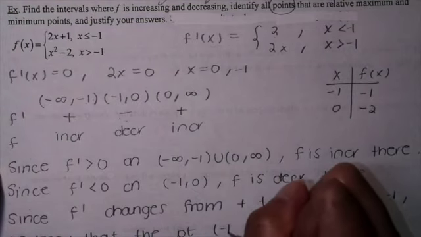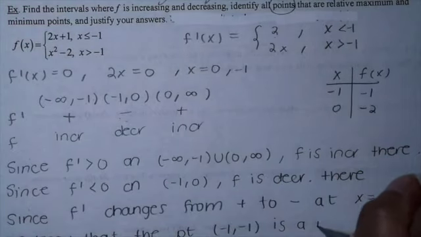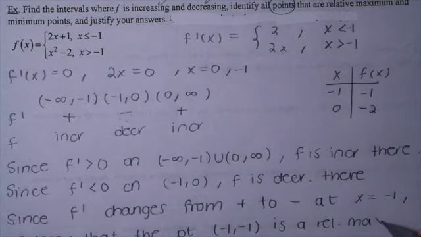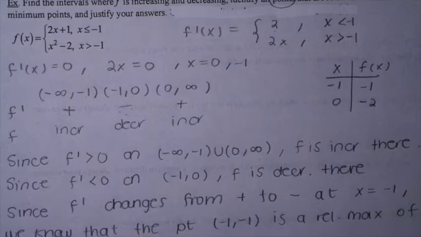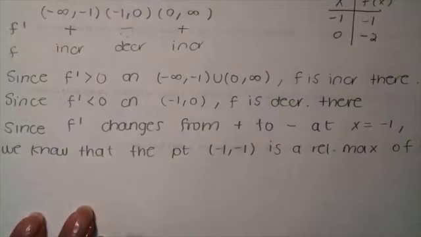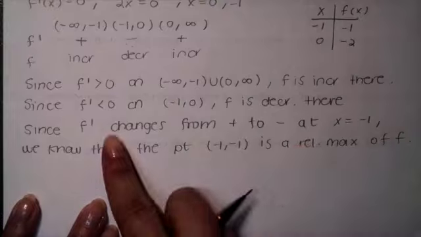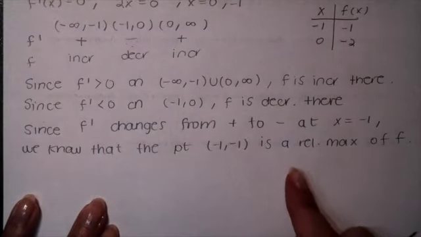Negative 1, negative 1, is a relative maximum of f. So please make sure that you state here, let me zoom out so you can see it, that you state f and f prime, very important.